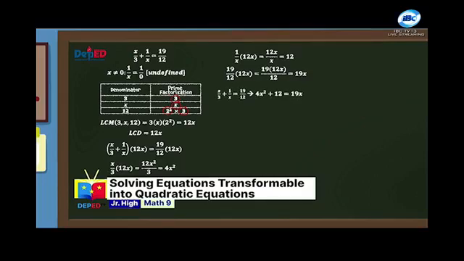Hence, the rational algebraic equation can now be expressed as the quadratic equation 4x squared plus 12 equals 19x.